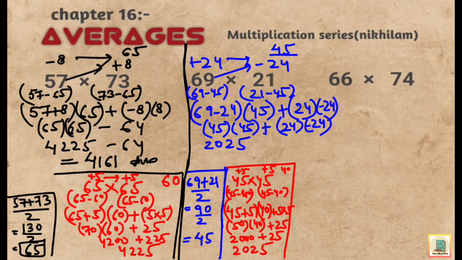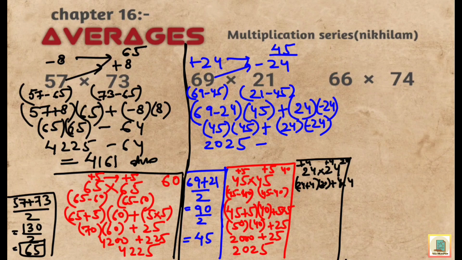Now here plus minus gives you minus. 24 multiplied by 24 also we cannot do it directly, so here also we'll use the secondary base 20 method. So 24 multiplied by 24, the base is 20, so the deviation will be plus 4 and plus 4. Now same method: 24 plus the second deviation, multiplied by the base, plus the deviations multiplied, which is 4 multiplied by 4.